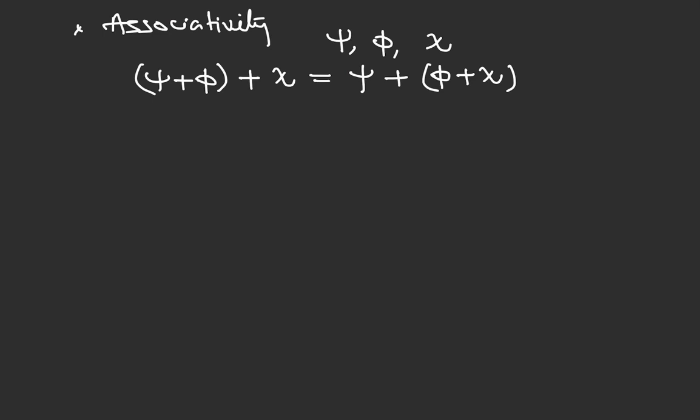That is, it should follow the associativity principle. And there is an existence of a null vector or a zero vector, or sometimes it is called a neutral vector.